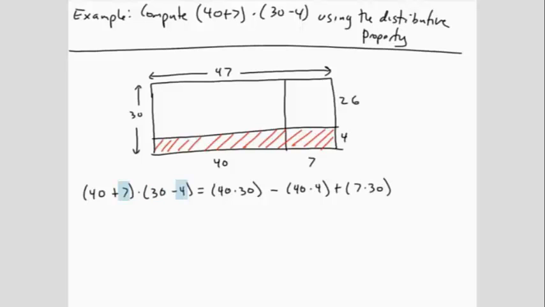And the last is 7 times 4 with one negative, so minus 7 times 4. 40 times 30 is 1200, minus 40 times 4 is 160, plus 7 times 30 is 210, minus 7 times 4 is 28. 1200 minus 160 is 1040, plus 210 is 1250, minus 28 is 1222.